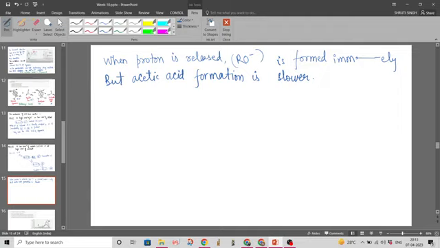So why is it slower? Because we have so many solvent molecules in between. So it takes time for the proton to get liberated and get attached to the solvent molecule in between, and then it finds an acetate ion. So there is a time lag between the formation of the photobase, which is RO minus, and the formation of acetic acid.